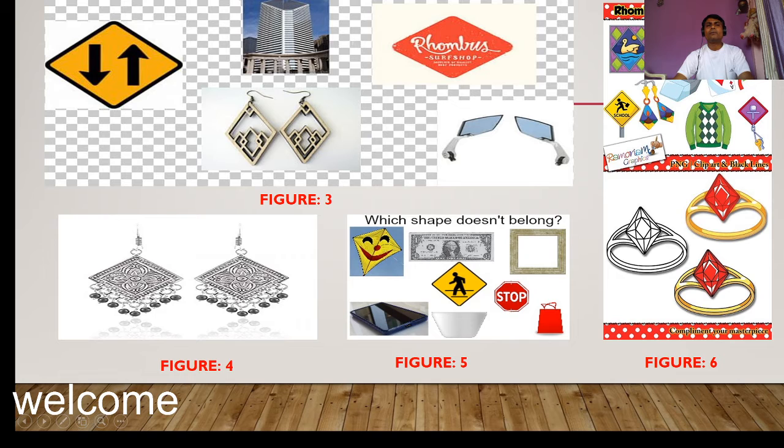The second is a big picture of buildings on the top view, how it looks, shown in this picture. Then again, these are ornaments, earrings. Particularly these have shapes like this. Again, these are the side mirrors of vehicles. Again, in short pictures here, here is an instrument used by masons, a kite, playing cards.